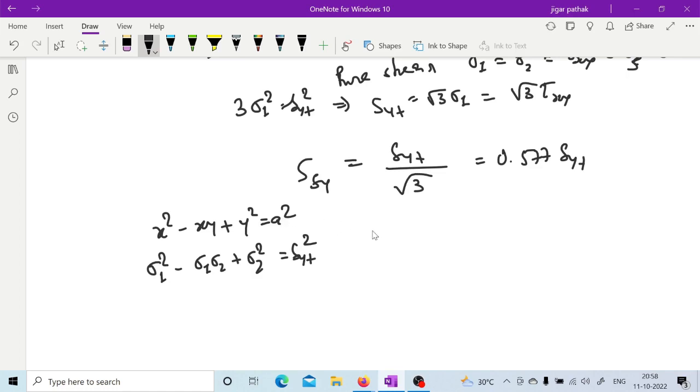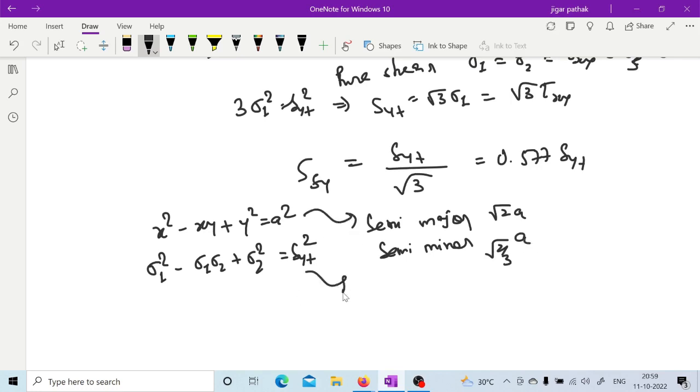For this ellipse, the semi-major and semi-minor axes are given by root 2 a and root 2 by 3 a, right? Similarly here, the semi-major and semi-minor axes will be root 2 SYT and root 2 by 3 SYT. This is how you have it in case of maximum distortion energy theory.